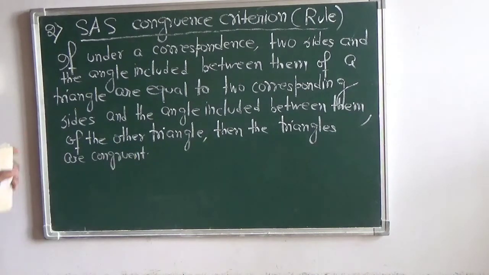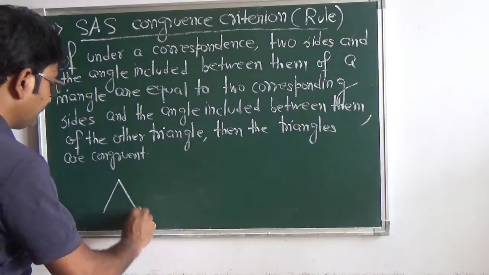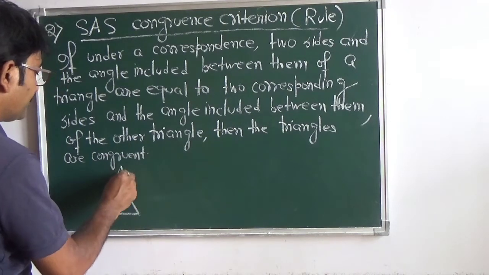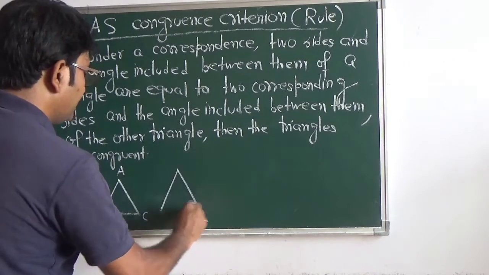So I read it out once again. If under a correspondence the two sides and the angle included between them of a triangle are equal to the two corresponding sides and the angle included between them of the other triangle, then the triangles are congruent. So if we consider two triangles, this is triangle ABC and this is triangle DEF.